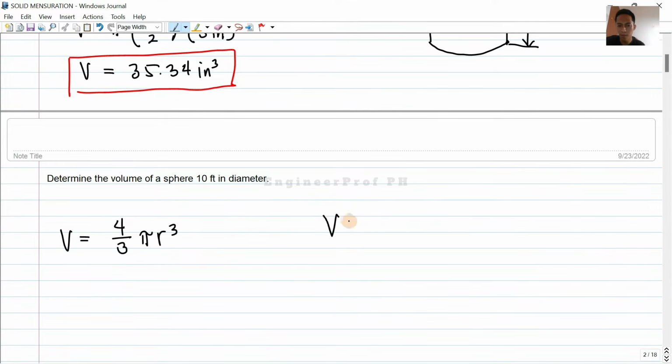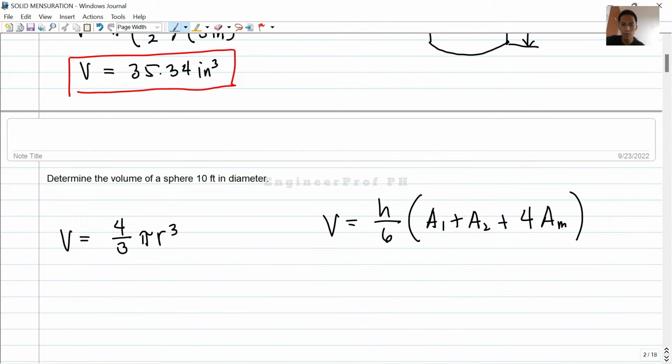So you have volume equals h over 6 times quantity A1 plus A2 plus 4 times the area of the midsection. Okay, so ano yung A1, ano yung A2, ano yung A sub M or the midsection?